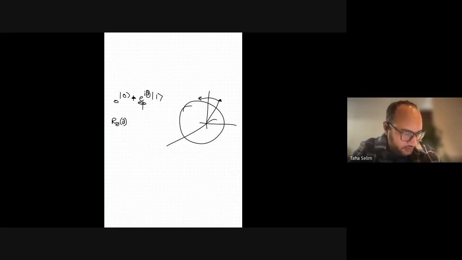If you have a vector that rotates, then this phase represents how this one is related to 0. So this is 0, this is the 1. So the vector here, whatever its location on the Bloch sphere, is assigned by this ratio between the 1 and the 0. So we choose to represent it as e to the power i theta.